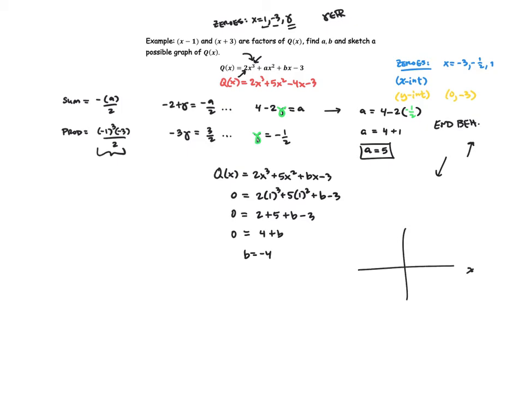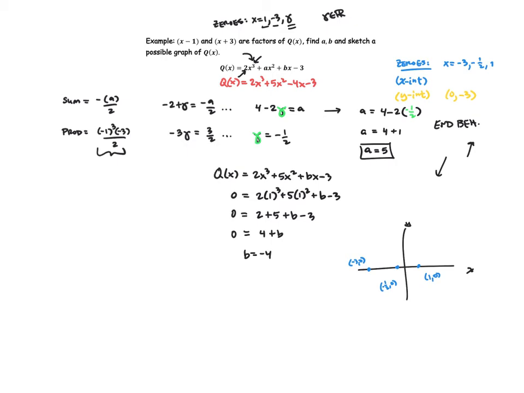There's x. There's y. We've got our zeros at negative 3 and at negative 1/2 and at a positive 1.